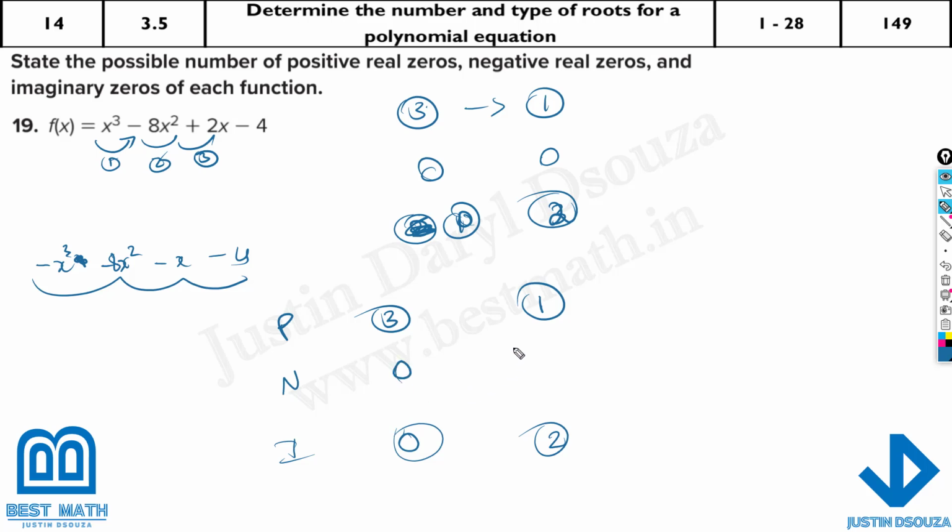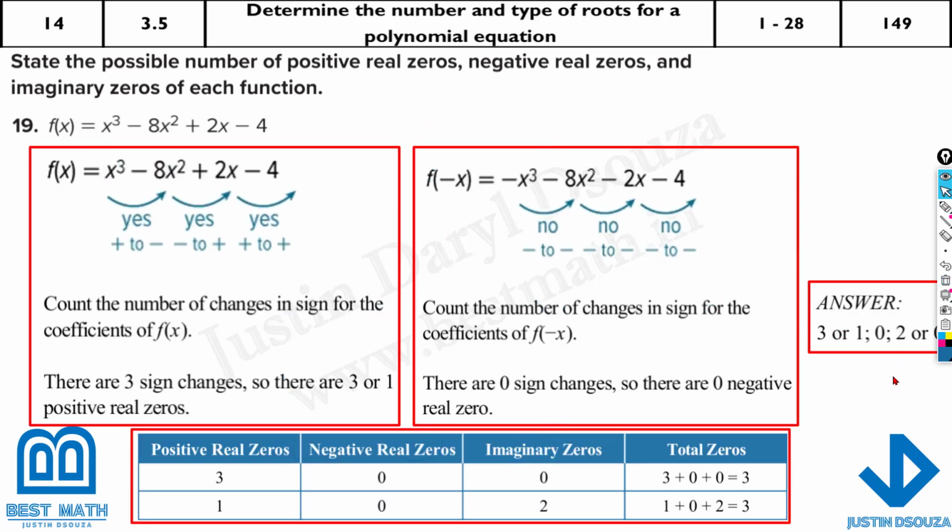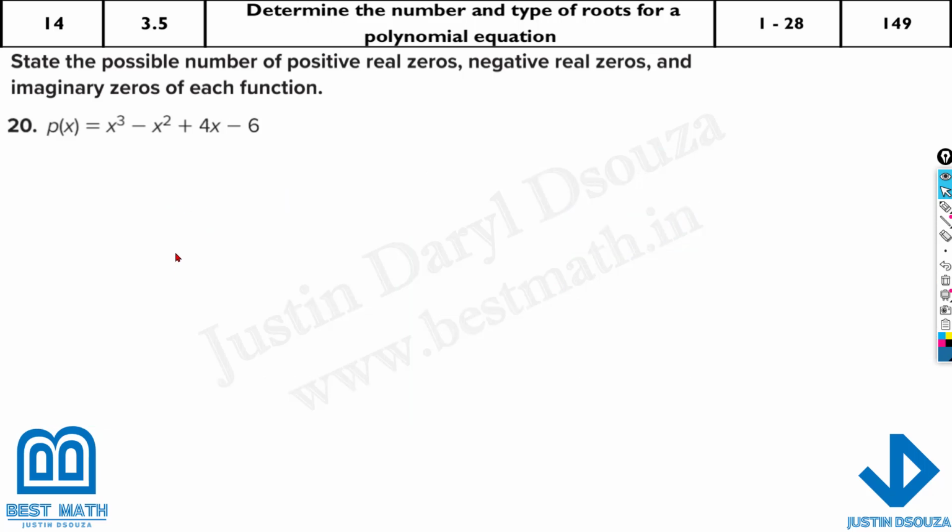There's no way for negative. And over here as well, if 1, then this is 2. You can't have 2 over here, because if you reduce it by 2, you add over here, right? And if you do negative real zeros, it's basically 0 here. So this would be the solution. So it's 3 or 1, 0, 2 or 0.